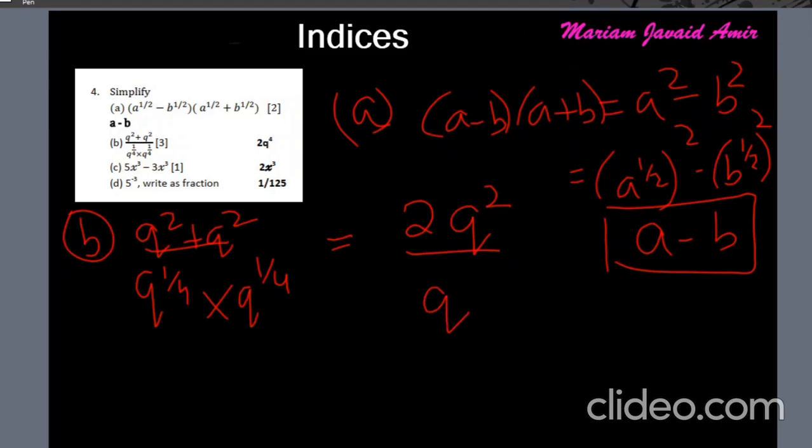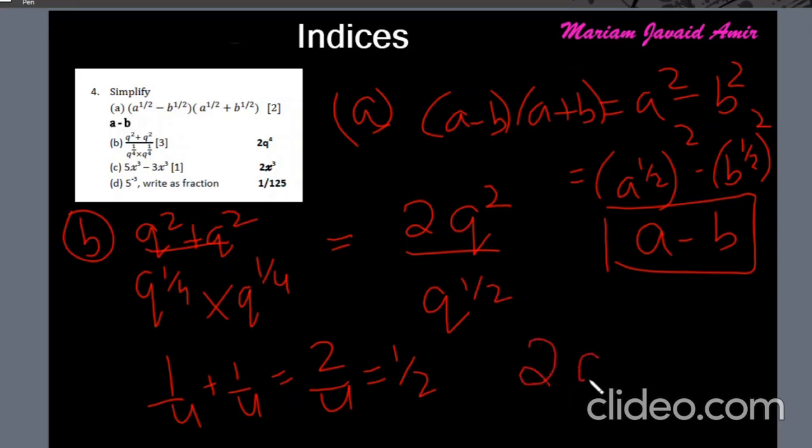So 1 over 4 plus 1 over 4 will make 2 by 4, which makes half. So this becomes q power half, and now we simply subtract the powers, so we get 2q power 2 minus half, which gives 2q power 3 by 2. I guess again this answer is wrong. This should be 2q power 3 by 2.